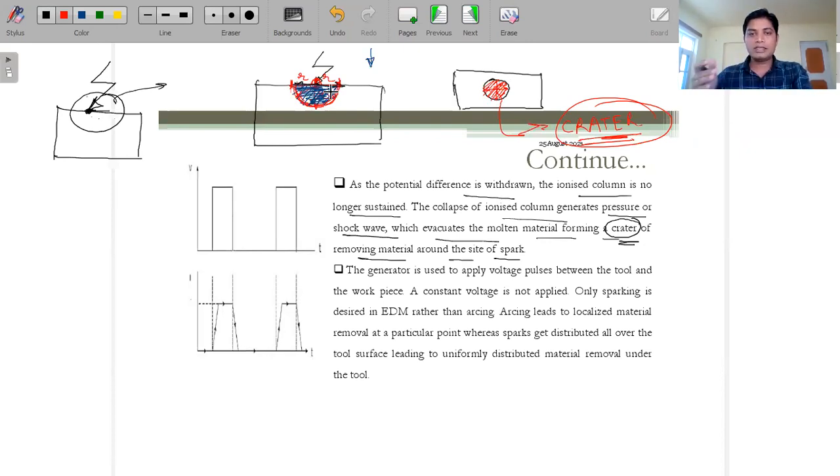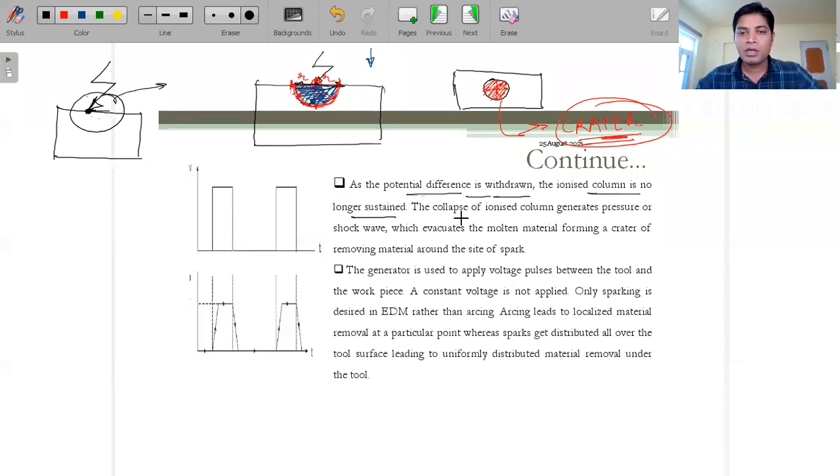Now let's read this point again. As the potential difference is withdrawn, when the ionized column is formed, the ionized column is no longer sustained, which means it has collapsed. The collapse of the ionized column generates pressure and a shock wave, which evacuates the molten material, forming a crater of the removed material.